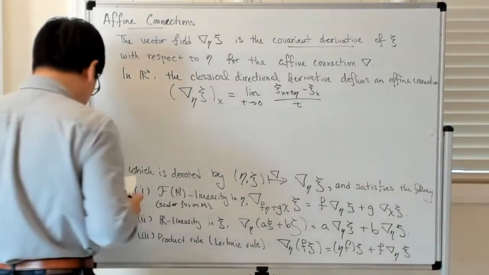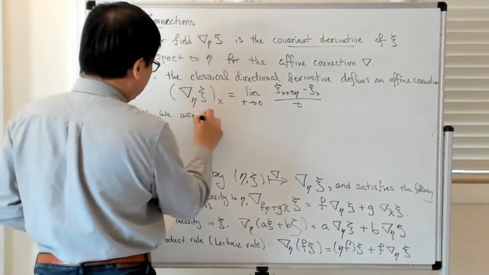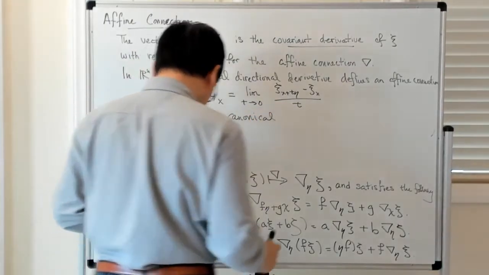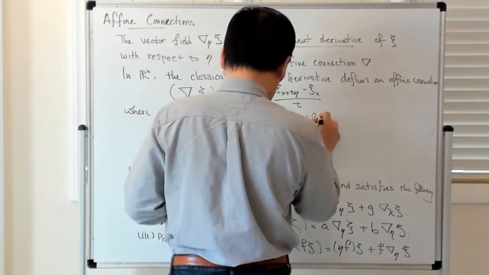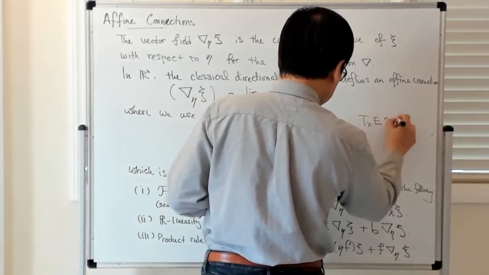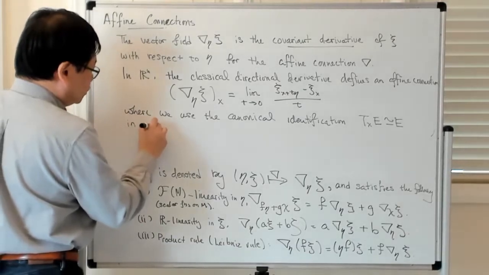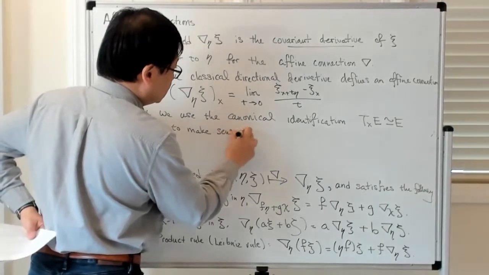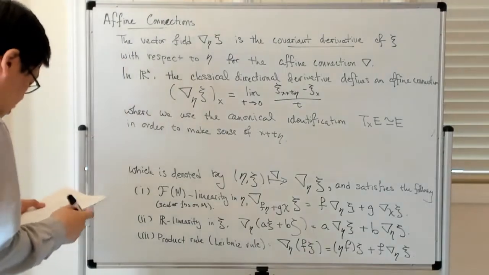So we use the canonical identification of T_x E with E in order to make sense of x plus t times eta.